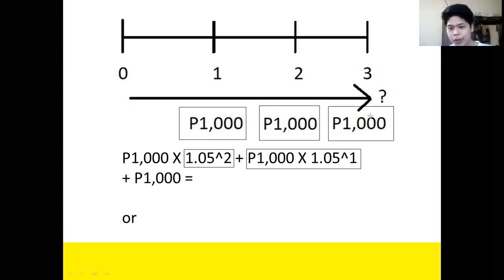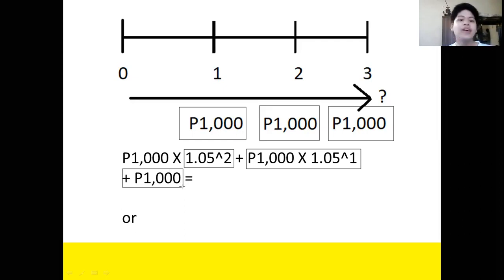And finally, ito. May period ba? Di ba wala? Walang period. Okay? Because at the time of deposit, wala nang period. So that's why, pag walang period, 1,000 pesos times 1.05 raised to 0.